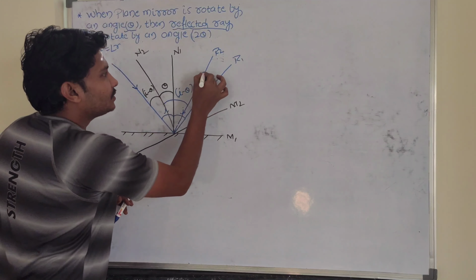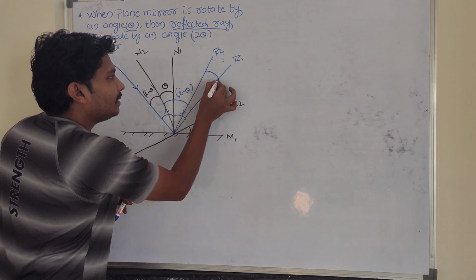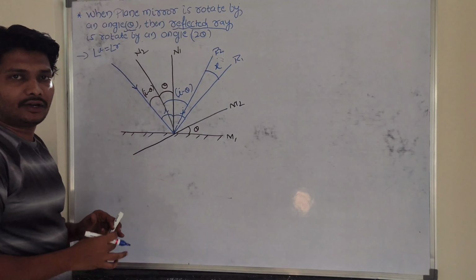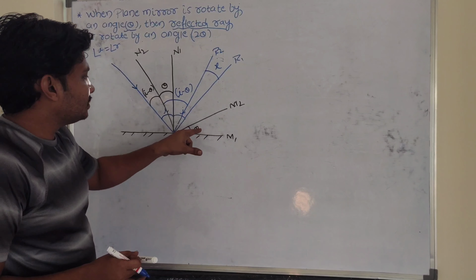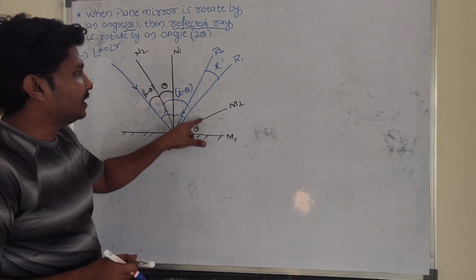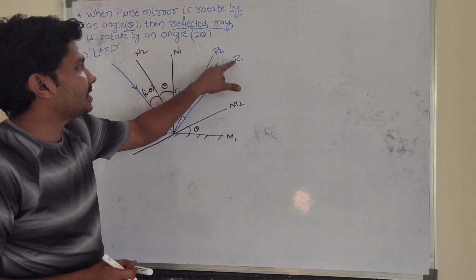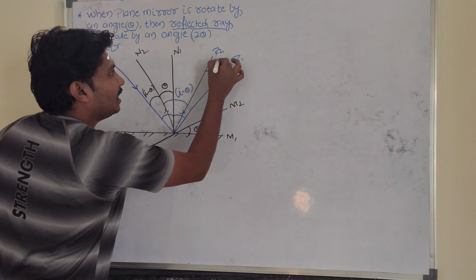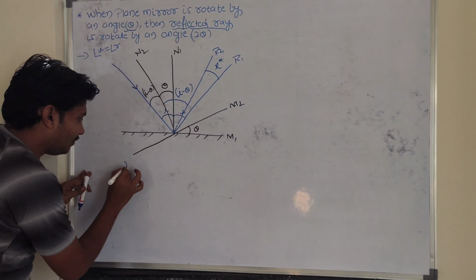Now my interest is to calculate the angle between R1 and R2. If the plane mirror is rotated by an angle of theta degree, by how much angle is the reflected ray rotated? It means I would like to find the value of x here.